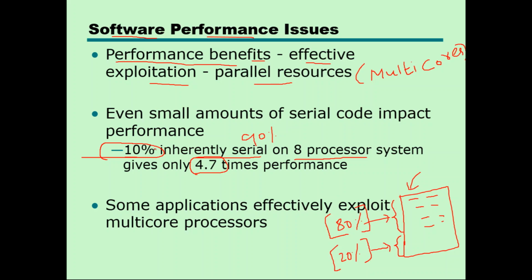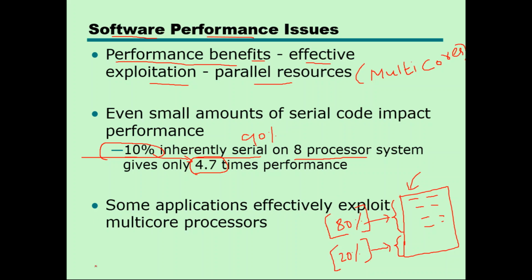That means even if there is a small amount of code that is to be executed in a serial fashion, that is going to affect the performance. See here, only 10% of the code is to be executed serially. The remaining 90% can be executed parallelly, but still the performance gain is only 4.7 times.